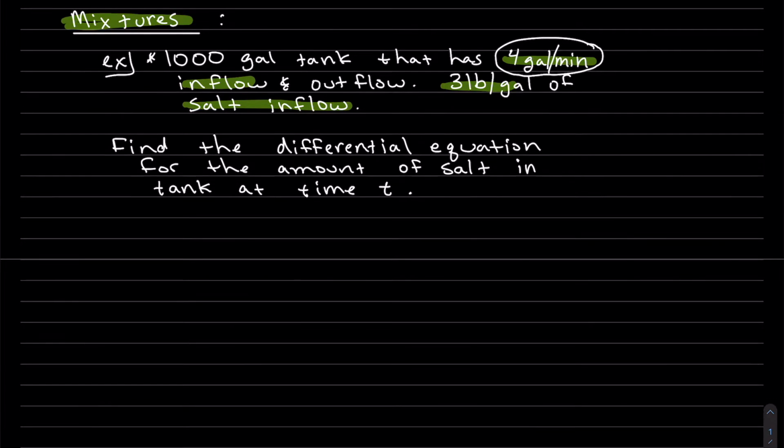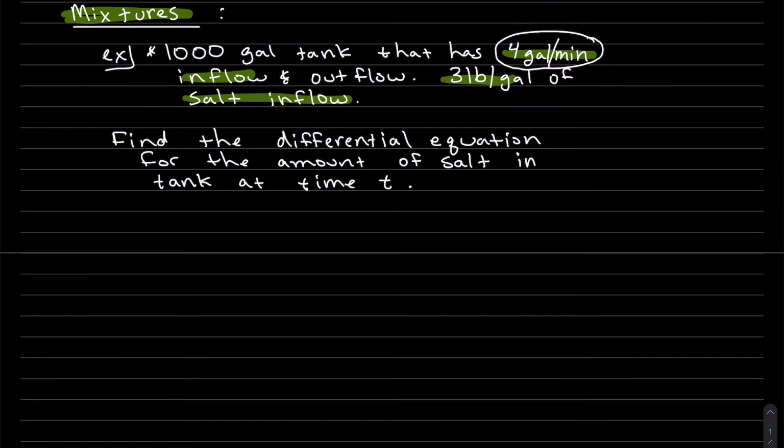Here we have a mixture problem. It has a 1,000-gallon tank, with 1,000 gallons of water in the tank, a 4 gallon per minute inflow and outflow, and it's also mixing in 3 pounds per gallon of salt. We want to find the differential equation for the amount of salt in the tank at time t.